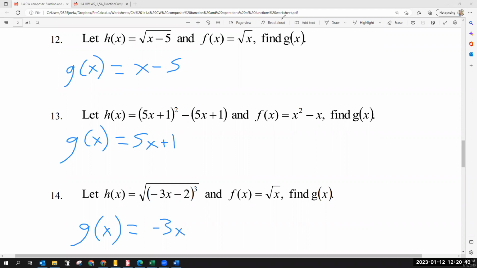Negative 3x minus 2 cubed. Why do I need to make sure I have the cube there? Because it's right there, but it's not right there. So everything that's not in F has got to be a part of G to be able to get all of it. So yeah, cubes.